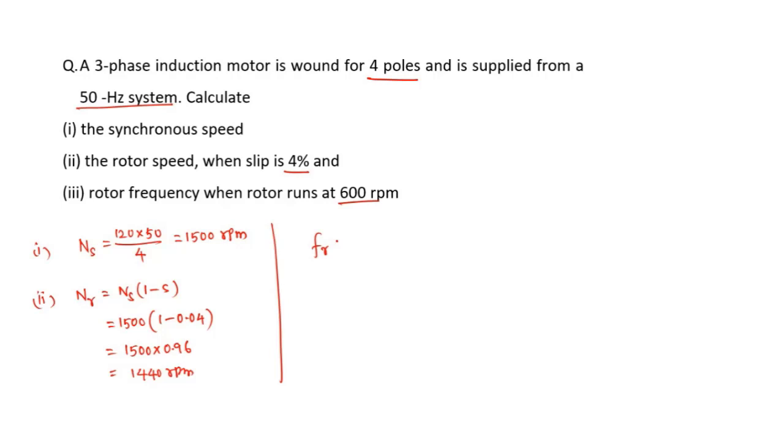Similarly, the rotor frequency when the rotor runs at 600 RPM. Rotor frequency is slip times the supply frequency. What is the slip? The slip can be taken as ns minus nr divided by ns. We know the synchronous speed is 1500. Don't take the rotor speed as 1440; he has given the rotor speed as 600. So you'll get 900 divided by 1500, that is 9 by 15, times 50.